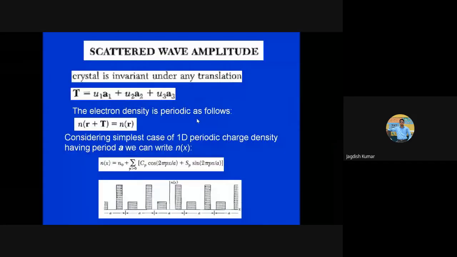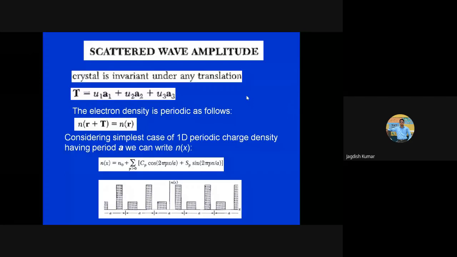If we have a one-dimensional real space lattice, then a2 and a3 are 0. So the translation vector is n or u1 times a, right? It will be 1a, 2a, 3a, 4a, 5a, meaning the points repeat after these specific lengths, and there is only one direction, so we don't even need to define the direction because it is the one-dimensional case.